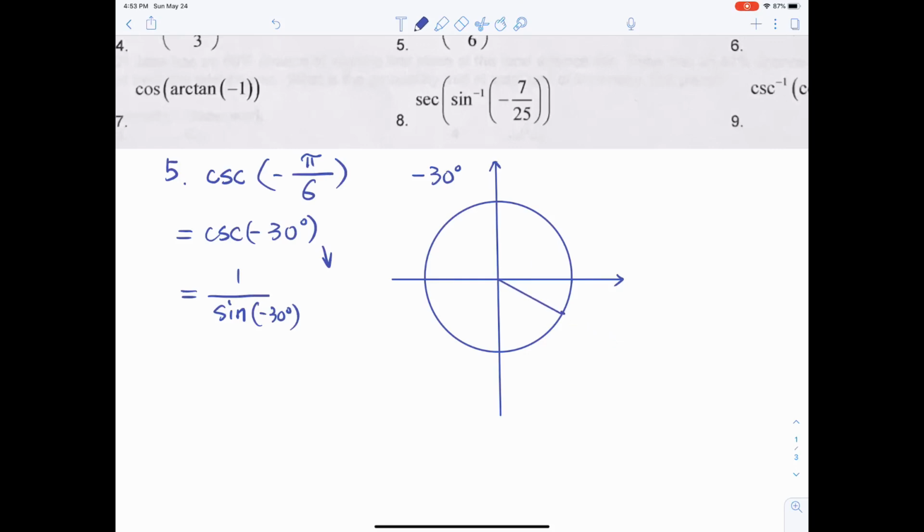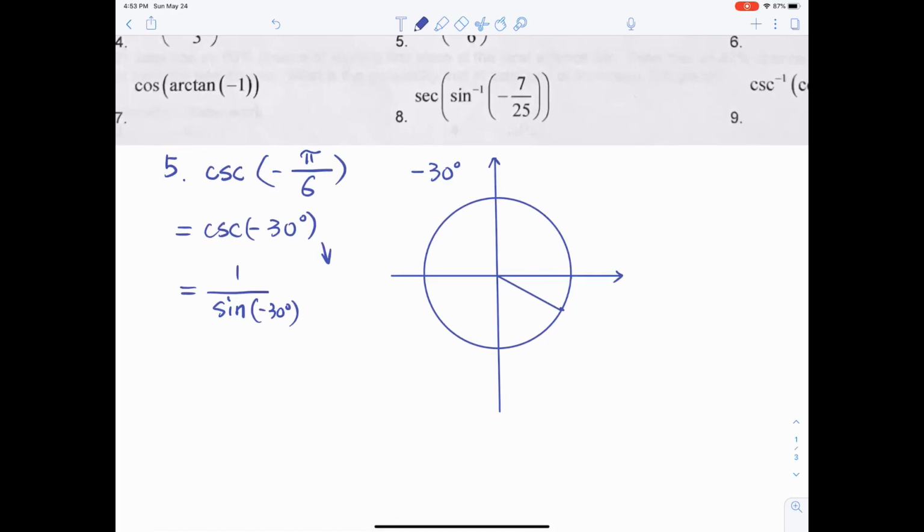So go this way, 30 degrees, right? So what do we need to do? Figure out the x and y value. So the x value is root 3 over 2, and the y value is negative half.